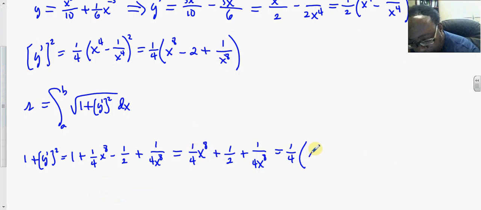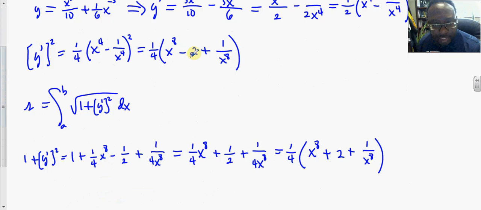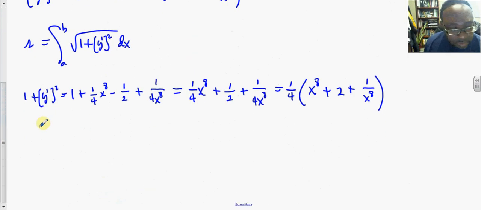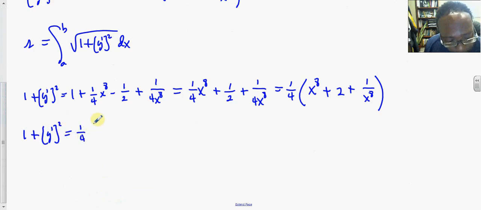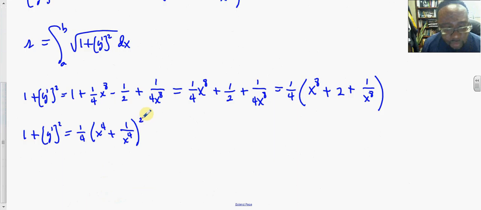Take out a 1/4, so this is x to the 8th, plus 2. So 2 times a 4th gives us a 1/2. And then this is plus 1 over x to the 8. So this guy is similar to this guy, but this was a negative there, no problem. So this 1 plus y prime to be squared is 1/4, and this is x to the 4th plus 1 over x to the 4th, all to be squared.